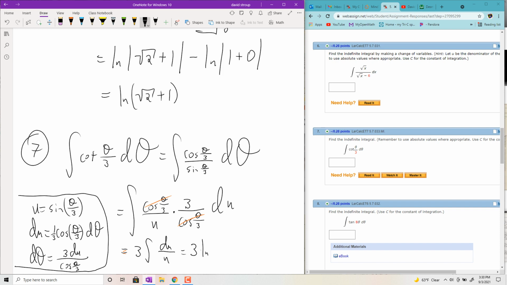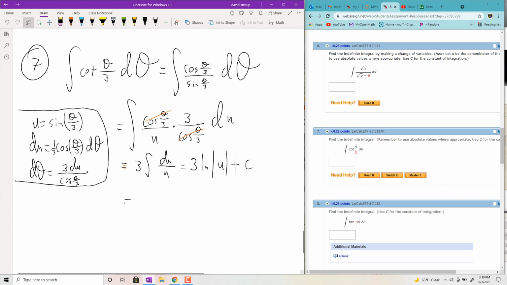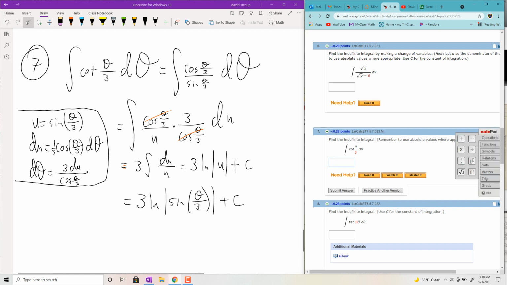So 3 ln absolute value of u plus c, and then you want to back sub. So we get 3 ln absolute value sine of theta over 3 plus c. And then we should be able to type that in without too much problem.